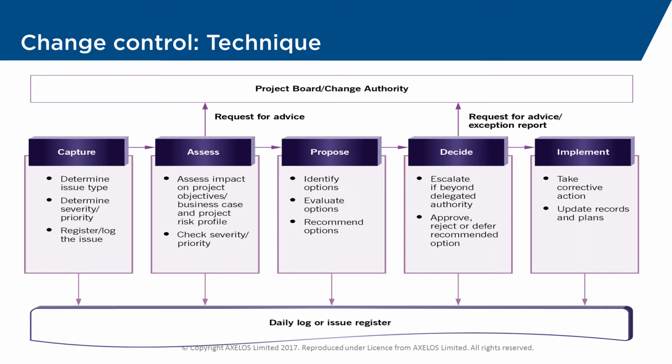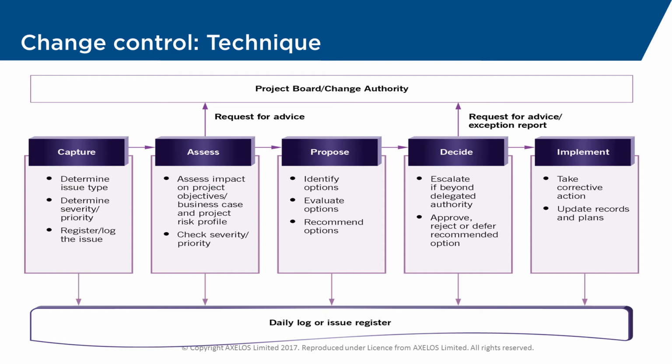We're then going to have to assess our issues to make sure that we understand them and to put them in the right priority order. In order to assess them, we need to make sure that they are applicable to our project, which means that when they occur, they are impacting on our objectives. If they don't, then this is not an issue for us.